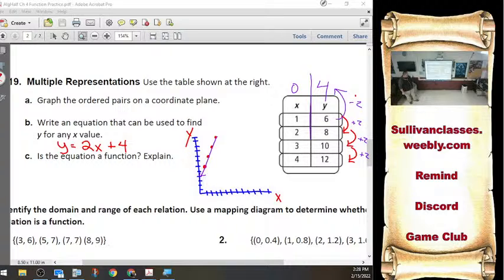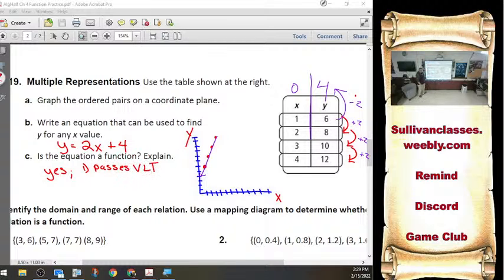Is it a function? Does every X button go to one Y? I press the 3, it only does one thing. Yeah. Now when I say yes, I have 2 answers available to me. Option 1, I'll say that it passes the vertical line test.